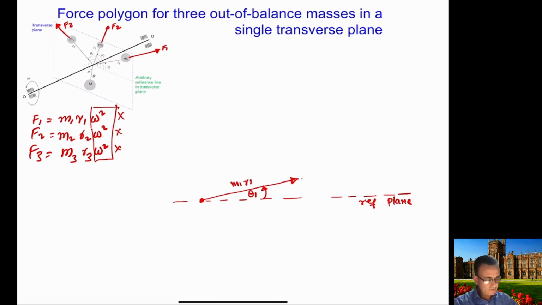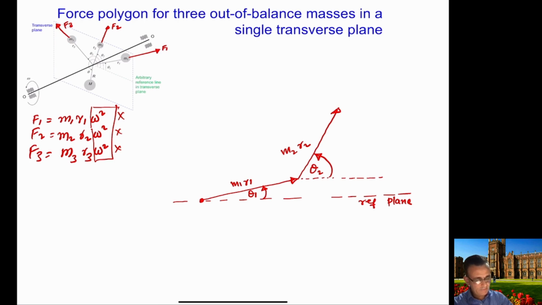So if we again draw the horizontal here, this will be our m2 r2, and the angle here is theta 2 here. And finally we have F3.